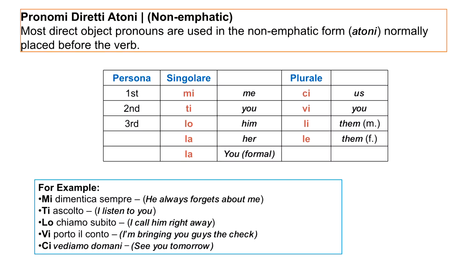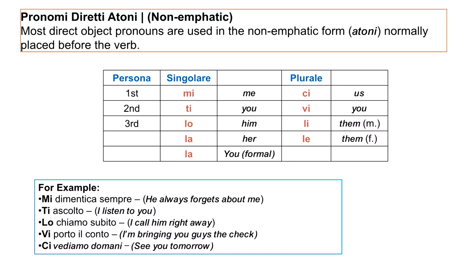Next, the non-emphatic. Now, the non-emphatic pronouns, these are the direct object pronouns, are mi, ti, lo, la, this is formal, ci, vi, li, and le.